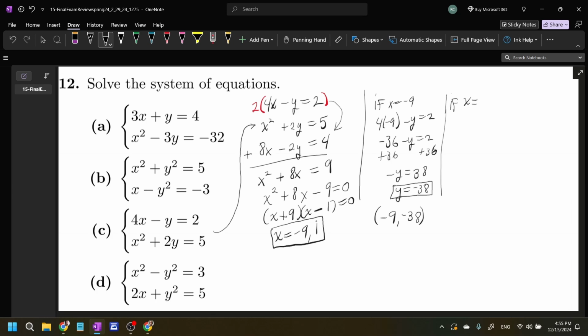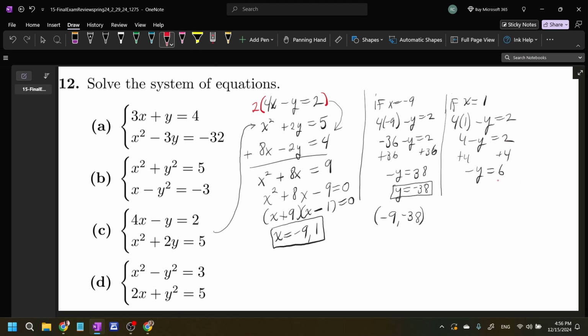So if x equals 1, let's plug that into the first one. 4 times 1 minus y equals 2. So 4 minus y equals 2. Sorry, did I add 4?